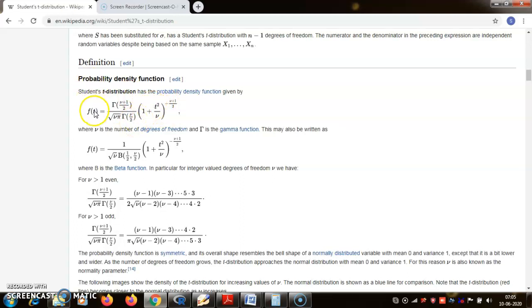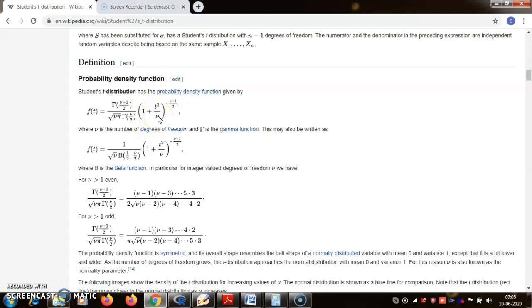For every t, any real number, the value of the density is 1 plus t square by nu, raised to the power minus (nu plus 1) by 2. This is of course not a probability. You know that a density function is a non-negative valued function which you integrate to compute probability. So this formula does not give you a probability, but by integrating it you get the probability assigned by the student t distribution.